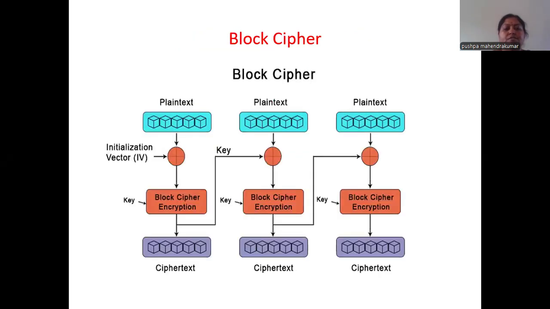So this is the diagram used for making the block cipher, that is, the conversion of plain text into ciphertext. Each plain text is split into separate blocks according to the key values. Based on the key value, the initialization vector is defined. Initially the plain text is converted into block ciphers with the initialization vector.